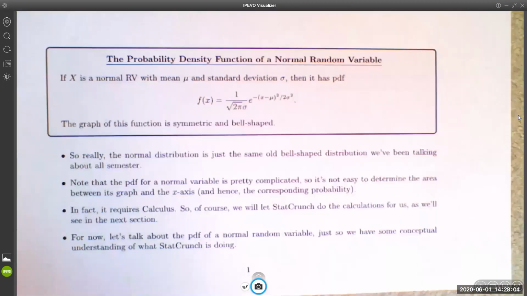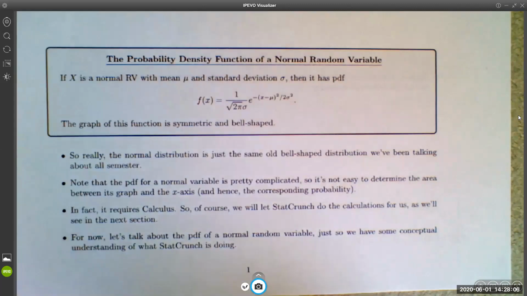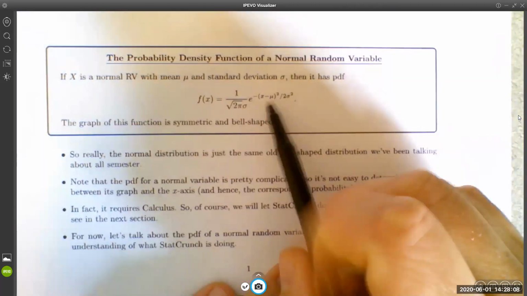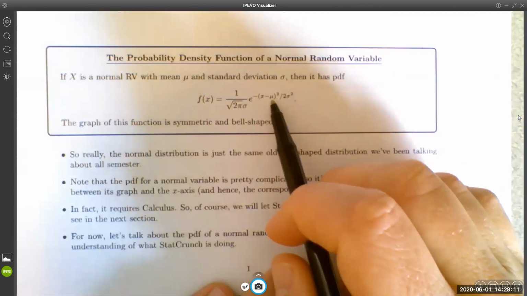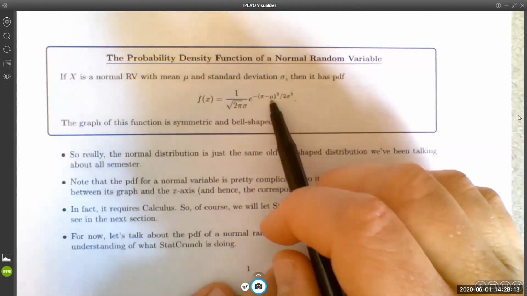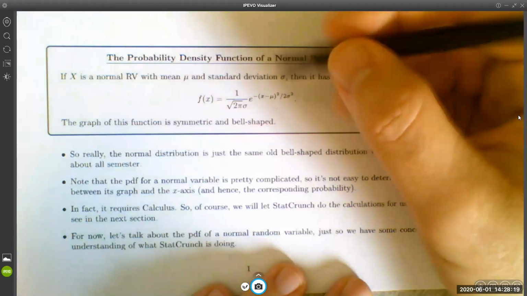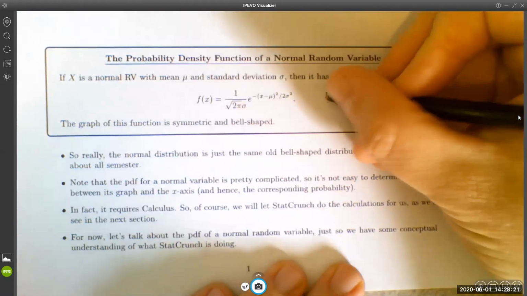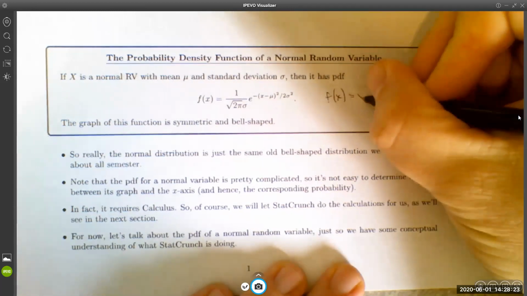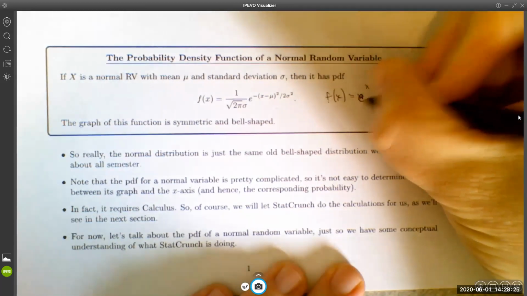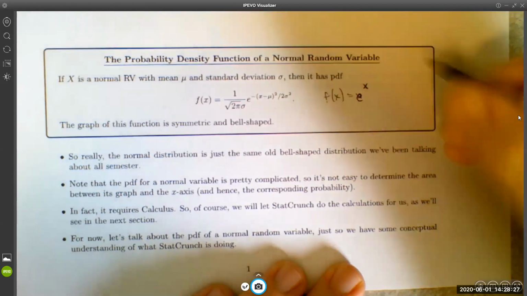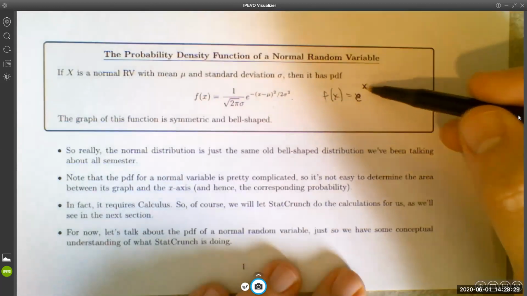What I want to point out to the rest of you is that this function relies on mu and sigma. It's dependent on mu and sigma. If you think about it, at its core, this function is an exponential function, right? It looks like f of x equals e to the x, but there's some stuff that's being done to the variable here.